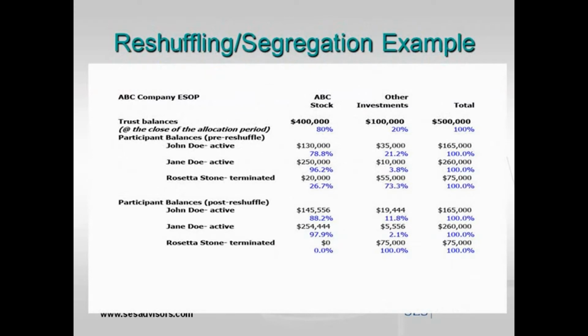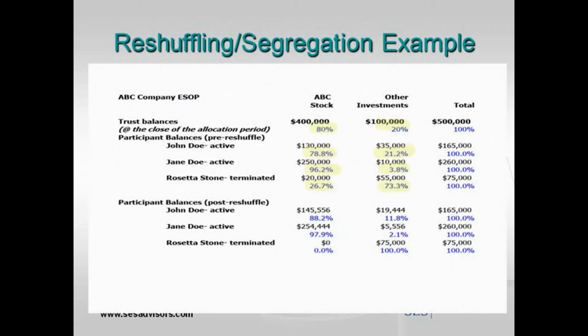We're going to go back to our example of our trust account. This is the same ABC stock, other investments, total assets of $500,000 in this example. So we have the same 80-20 breakdown in the overall trust assets, and the same balances and breakdown in the participant accounts.